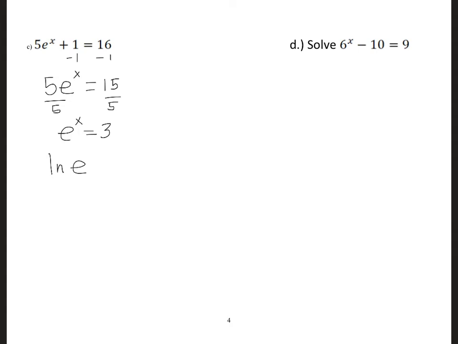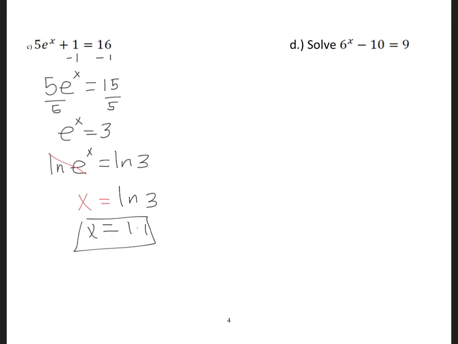So natural logarithm of e raised to x is equal to natural logarithm of 3. This helps me to isolate the x. So I get x is equal to natural log of 3, and the natural log of 3 is 1.1 when I put that in the calculator. So x is 1.1.